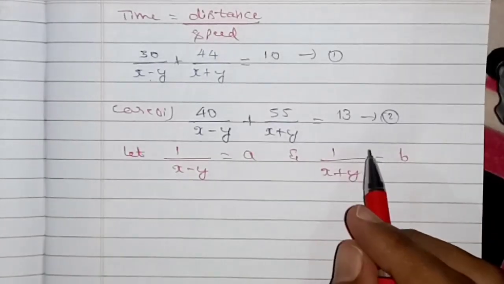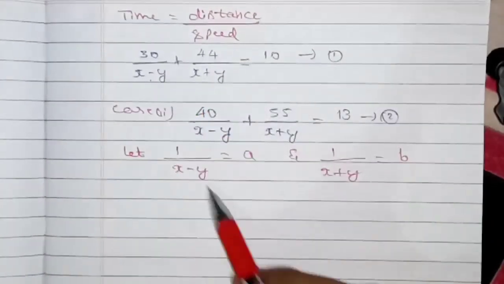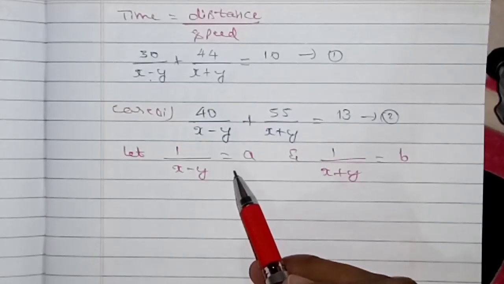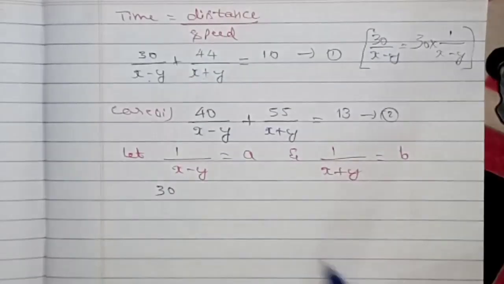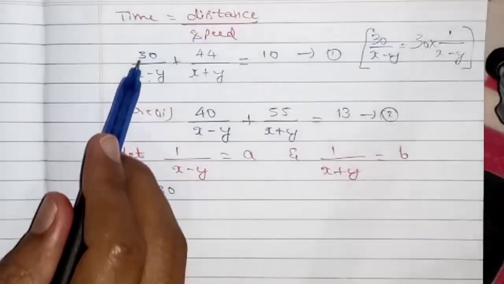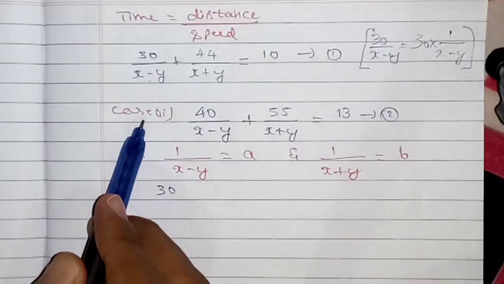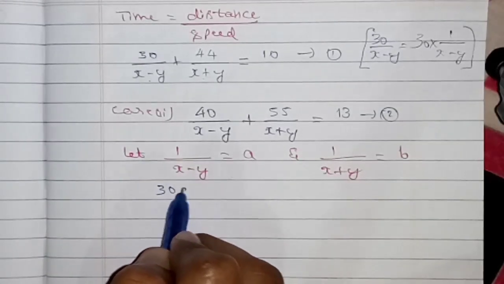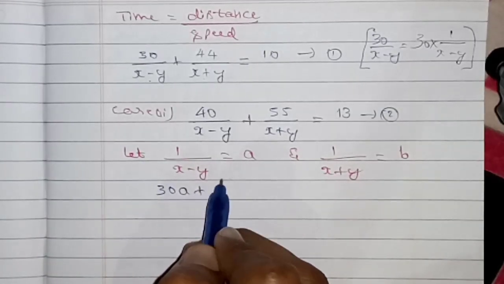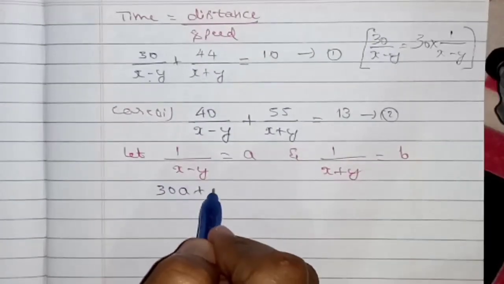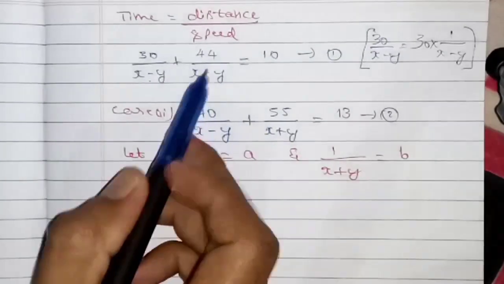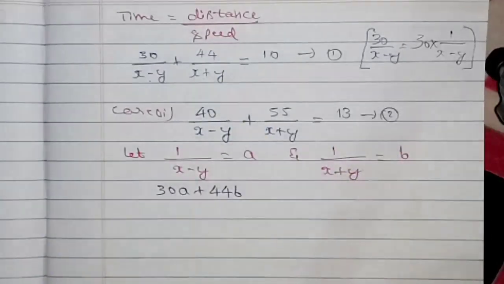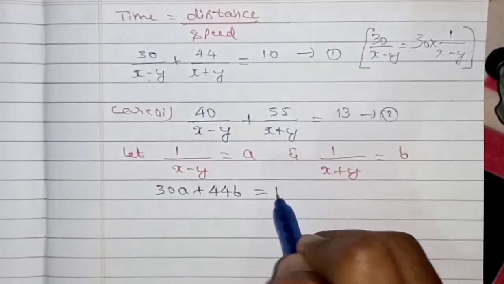So instead of 1 by x minus y, I can write a, and instead of 1 by x plus y, I can write b. Therefore 30 divided by x minus y can be written as 30a, plus 44b, because 1 by x plus y is b, equals 10.